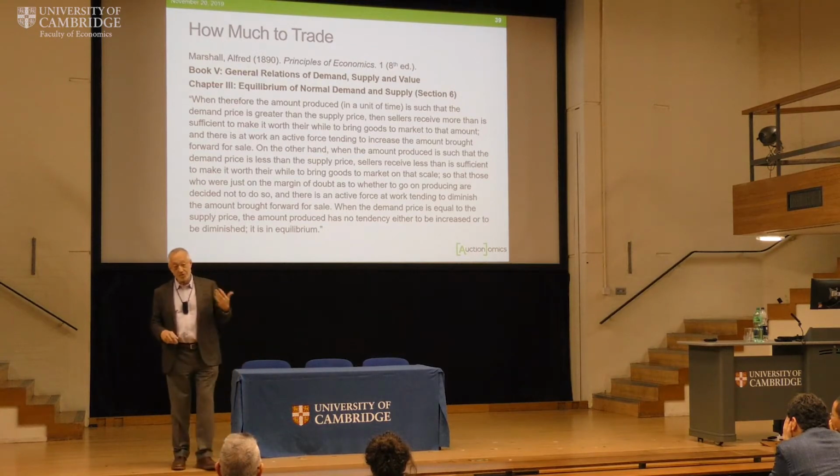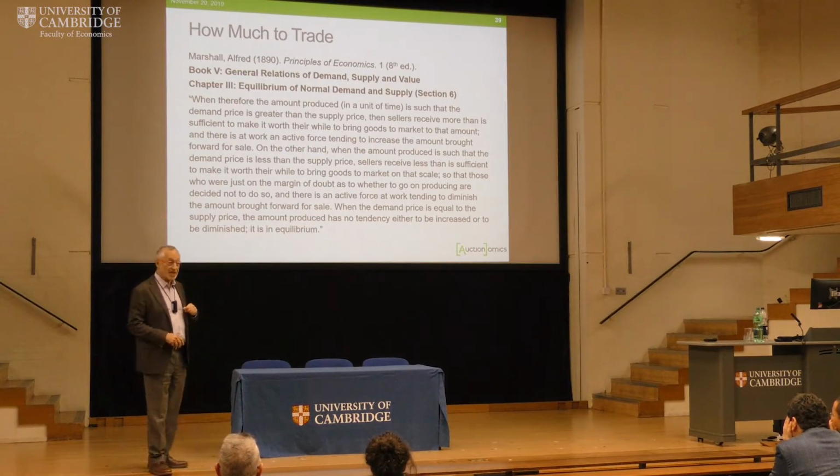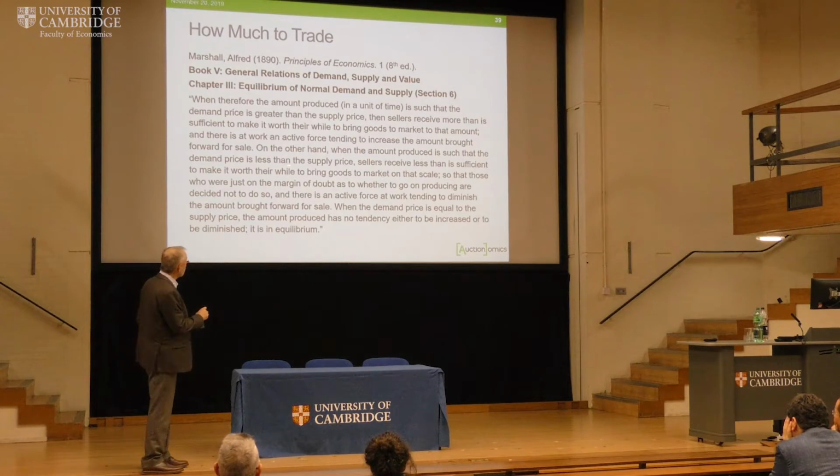Okay? And what's more important for us is the next sentence, which is the reverse. On the other hand, when the amount produced is such that the demand price is less than the supply price, sellers receive less than is sufficient to make it worth their while to bring goods to the market on that scale, so that those who are just on the margin of doubt as to whether to go on producing are decided not to do so, and there's an active force at work tending to diminish the amount brought forward for sale.